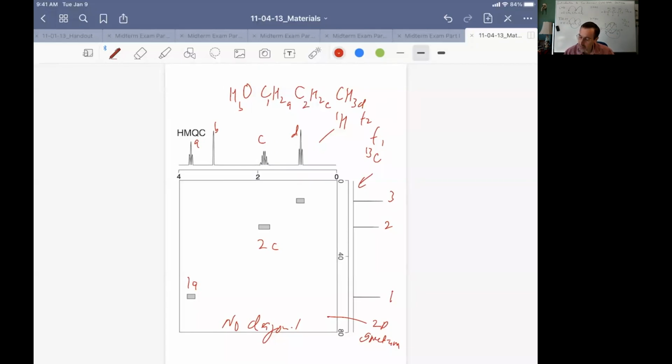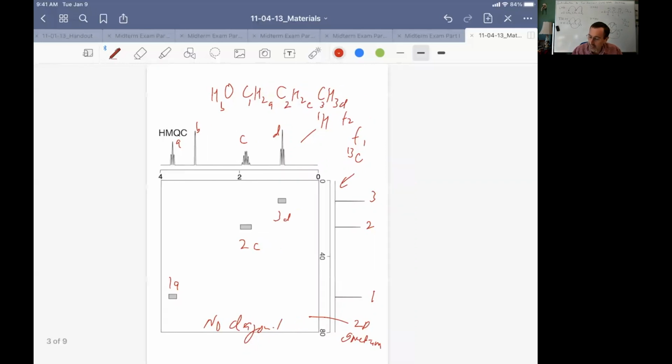And carbon 3 gives a cross peak with hydrogen D, and so we can say that's C3. And so that's our basic HMQC spectrum. And we will typically start with the HMQC spectrum. And again, I'm going to head along to an example in just a second.